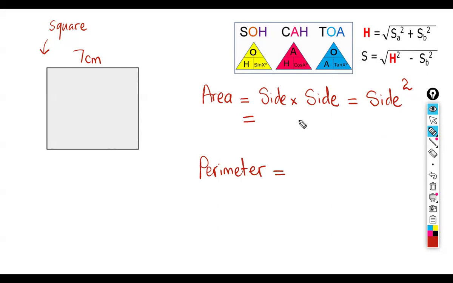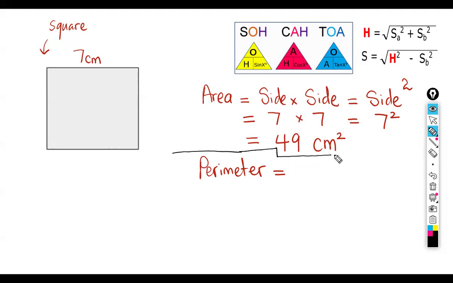One side is 7 by 7, or you could have said 7 squared. Both ways are going to give you 49, but area is measured in something squared. So it has to be in centimeters squared. Only a few people forgot the units, or typed in the units wrong.